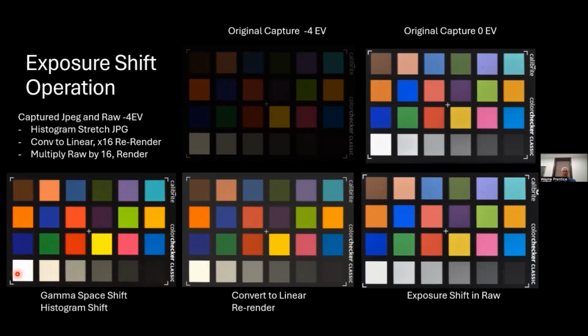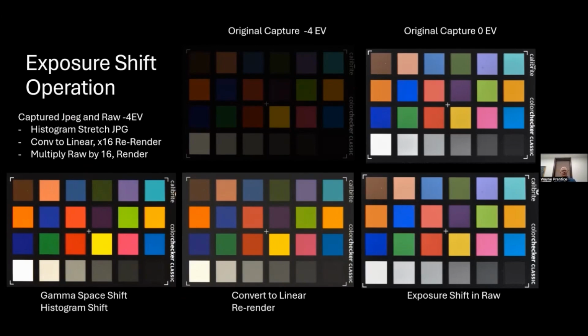You see how the blacks and whites are, the black is much darker, the white is lighter, and see how the colors are much more saturated. So it felt like I did an exposure shift, but on top of that, I added contrast and I added a saturation boost. So if you're going to do an exposure shift, the right place to do it is in the linear domain, not in the gamma space.